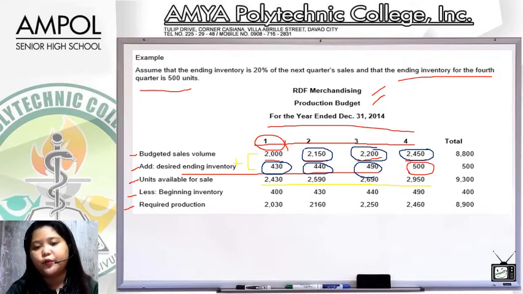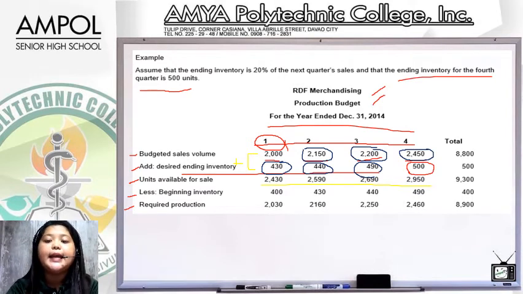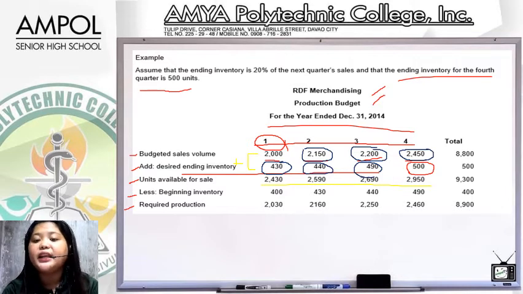So, that's 2,430 for first quarter, 2,590 for the second quarter, 2,690 for third quarter, and for the fourth quarter, we have 2,950. And then, sa less beginning inventory, dito na siya. So, sa 20% ni 2,000, we are going to start na kay 2,000.